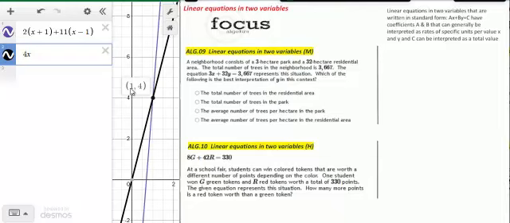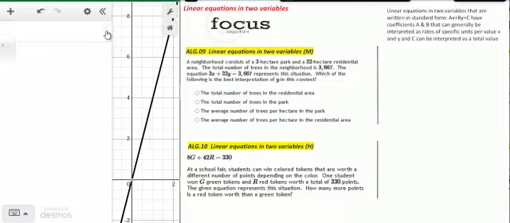All right, next content area here is looking at linear equations that have 2 variables. Sometimes they'll have an x and a y in that general form, the ax plus by equals c kind of form. But a lot of times in the modeling, it's just going to be 2 different variables.